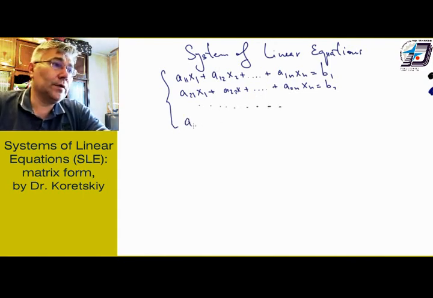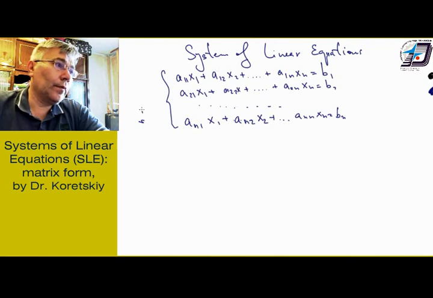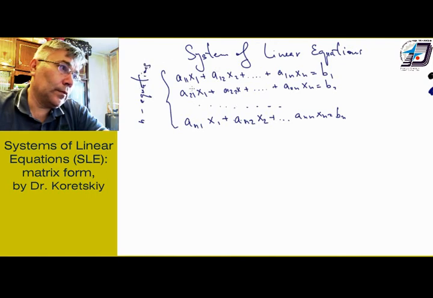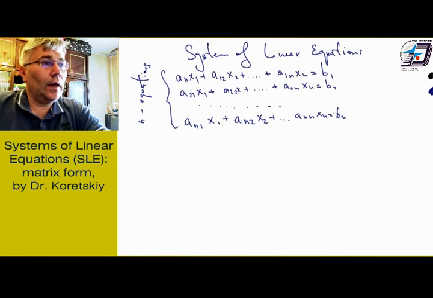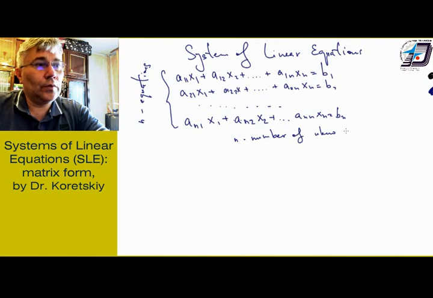And so on, up to an1 x1, an2 x2 and ann xn equal bn. So we have n equations and n unknown variables.